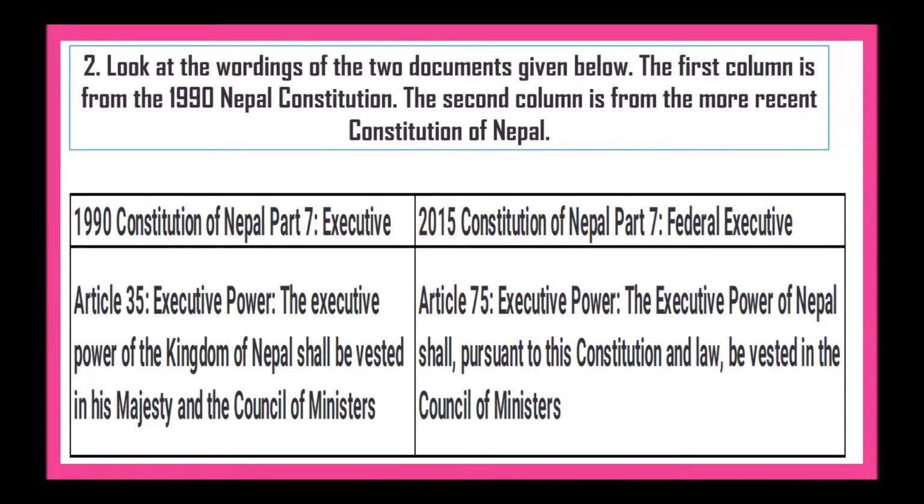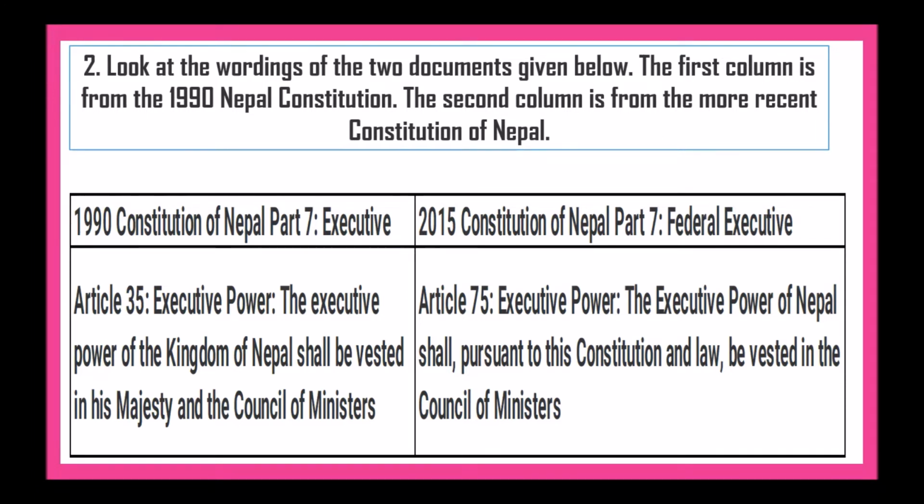Second question, look at the wordings of the two documents given below. The first column is from the 1990 Nepal Constitution. The second column is from the more recent Constitution of Nepal. So, 1990 Constitution of Nepal, Part 7, Executive.